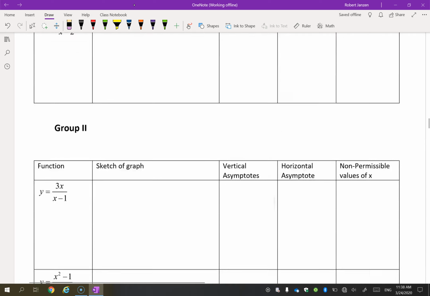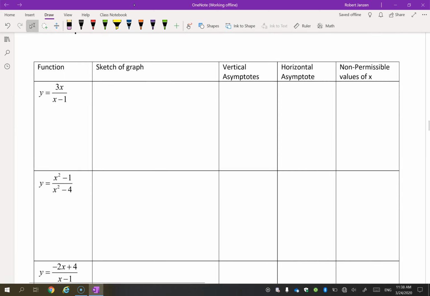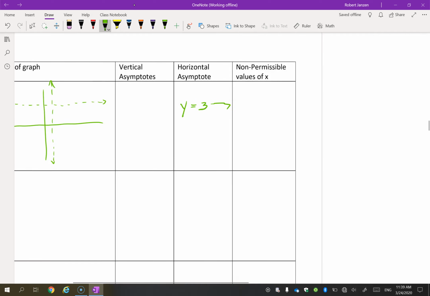Then let's look at group 2. If we do a quick sketch of this graph, I believe there's going to be a horizontal asymptote at 3, so the horizontal asymptote will be y equals 3. I think there's going to be a vertical asymptote at x equals 1.